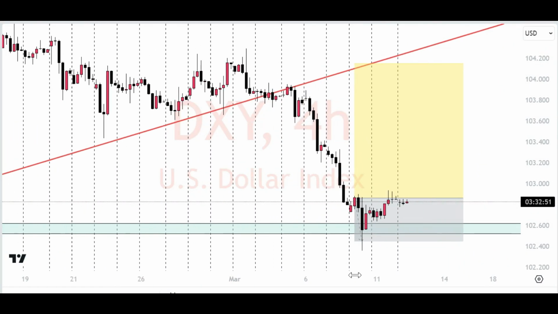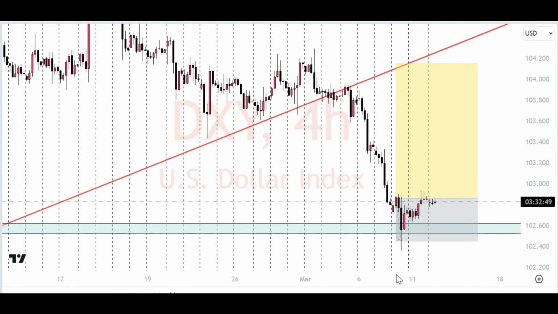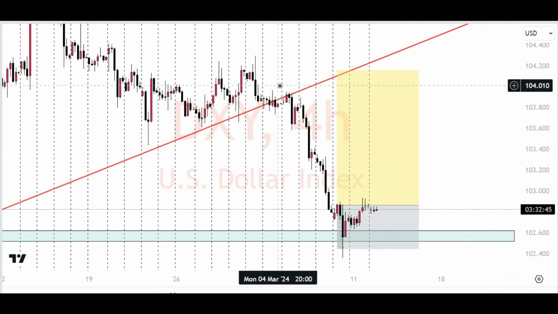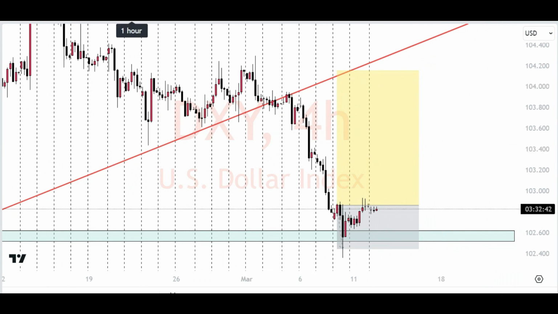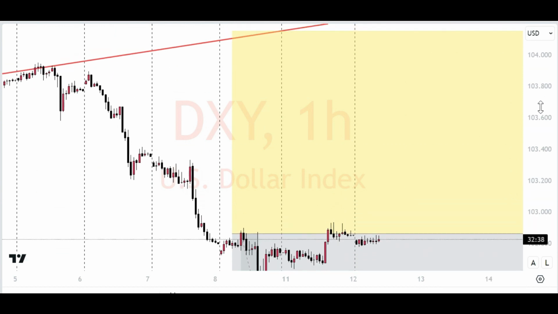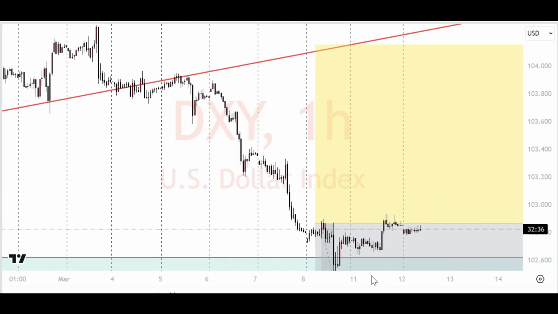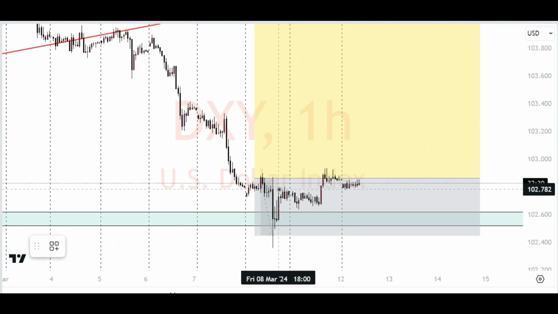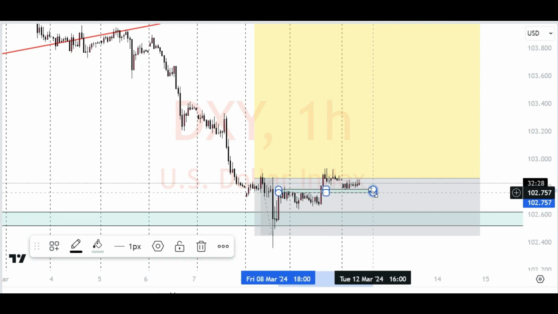Now, let's look at the dollar index. With the dollar index, guys, the market hasn't given me an indication that it's ready to shoot up. That's the 4-hour chart. This is the 1-hour chart. Still hasn't given me anything that will indicate to me that we are going up. But the market could be just continuing to the upside, right?